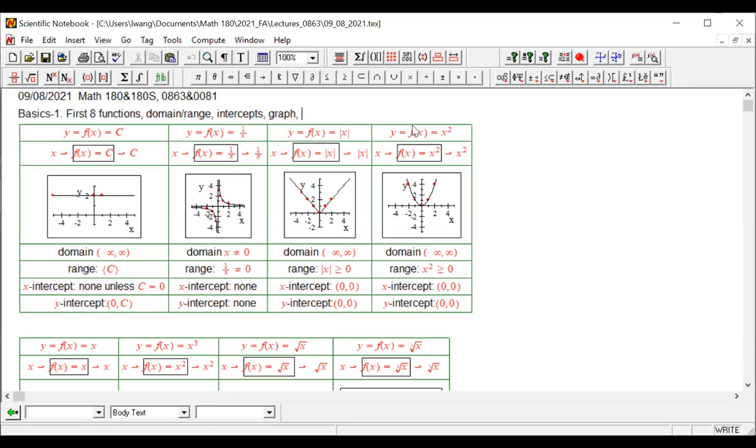Sometimes an output is called an image, right? We saw that word being used.